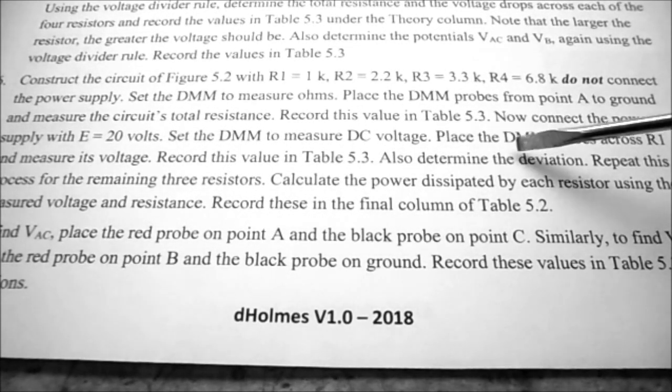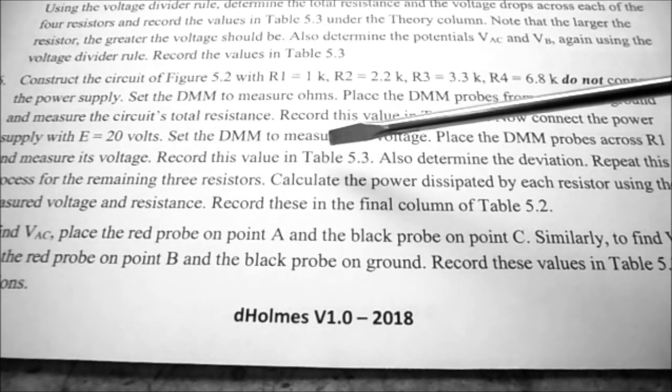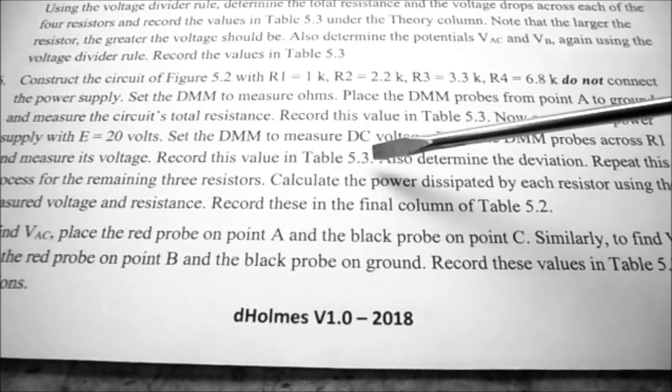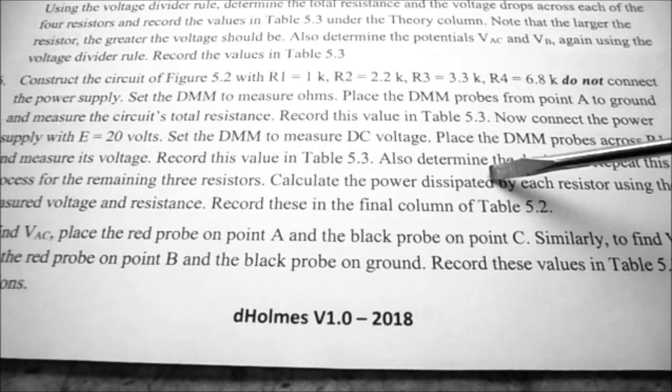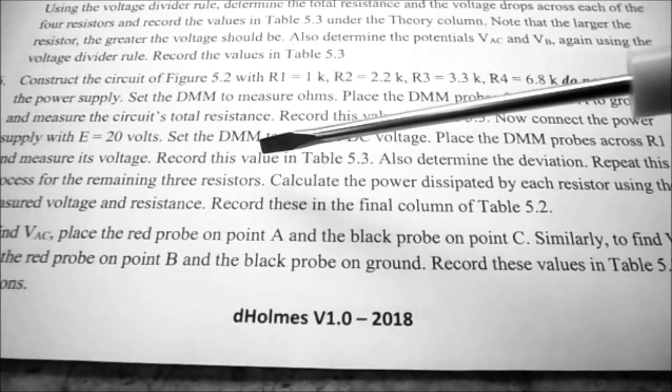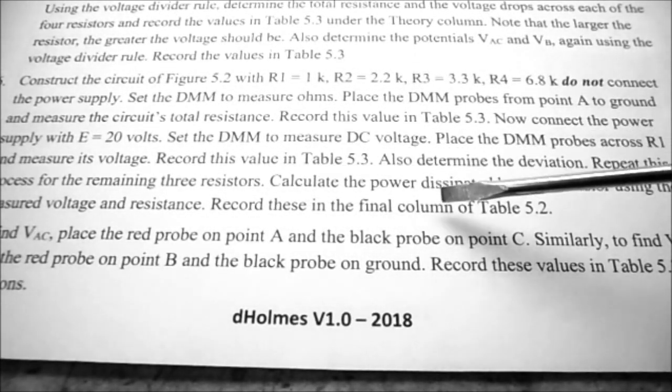We're going to determine the deviation and repeat this process for the remaining 3 resistors. Then we're going to calculate power dissipated by each resistor using the measured voltage and resistance, and we're going to record these in the final column of table 5.2.